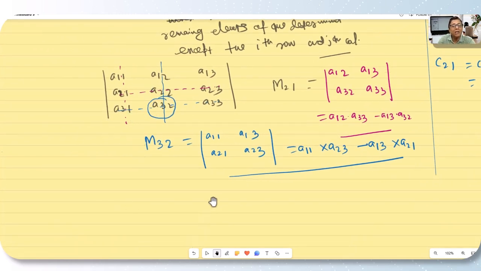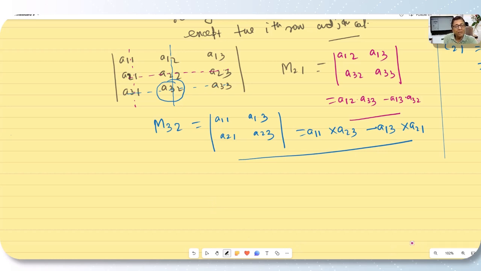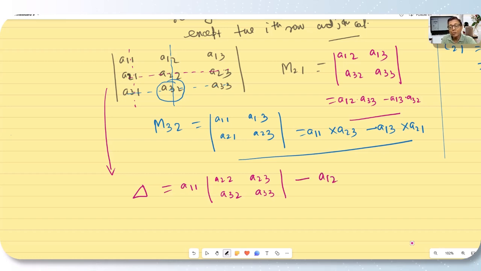If this is our determinant, the way I have expanded it in terms of the first row, it will be A11 into (A22 A33 minus A23 A32), minus A12 into (A21 A33 minus A23 A31), plus A13 into (A21 A32 minus A22 A31).